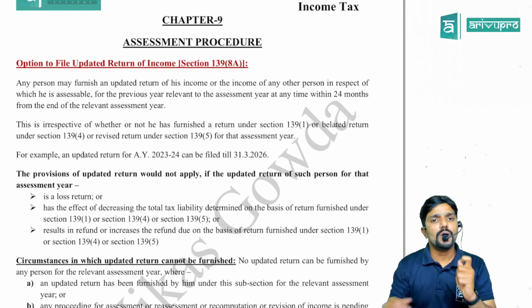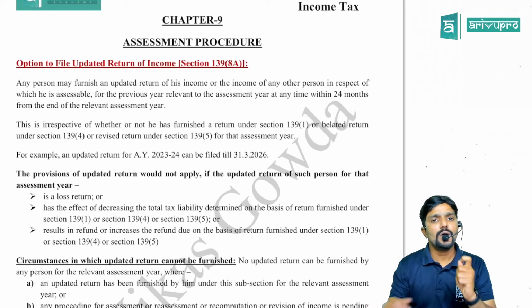You already filed your original return even for assessment year 24-25. But due to this updated return, the figures of assessment year 24-25 also will get affected. So what should you do? As you already filed the return for this, you have to update the return even for assessment year 24-25 within 31st March 27, guys. That is within 24 months from the end of relevant assessment year.